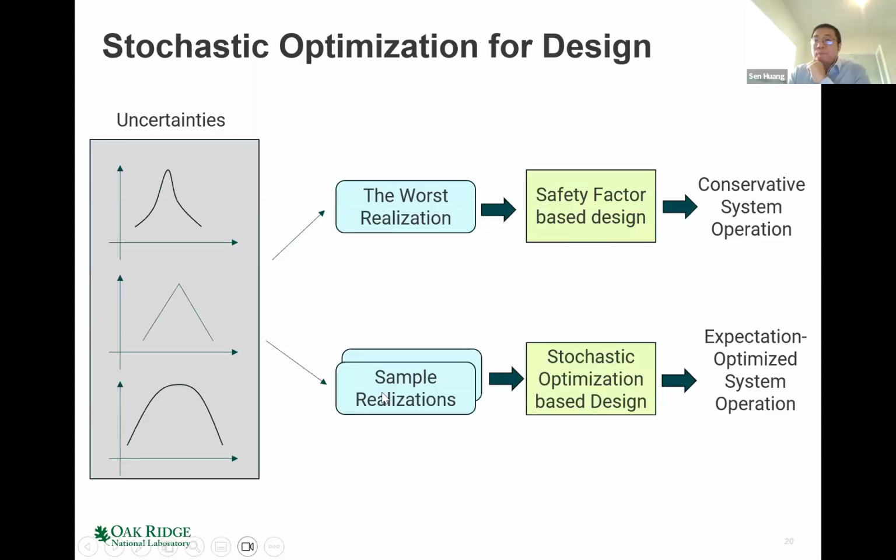Instead of taking just one realization, we take a sample of the possible uncertainty realizations, and then we put that directly into the stochastic optimization process. Instead of trying to optimize the design for one particular input, we try to optimize the expectation of the output based on the population of the input.